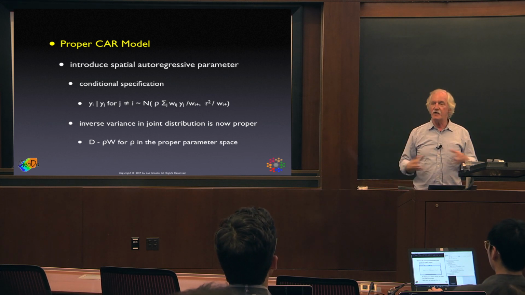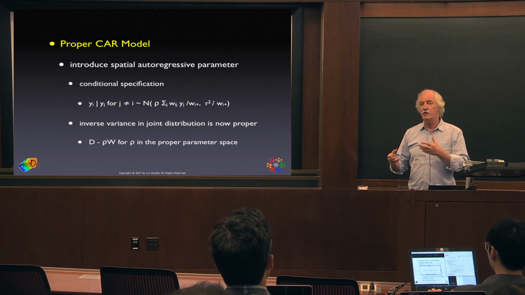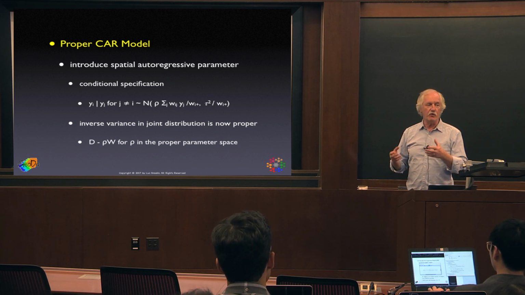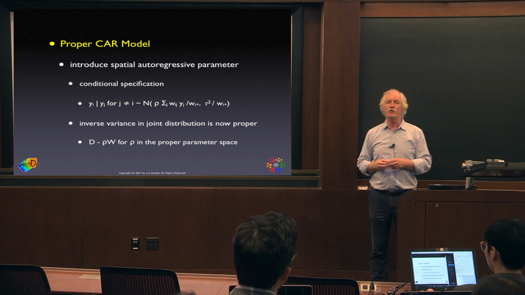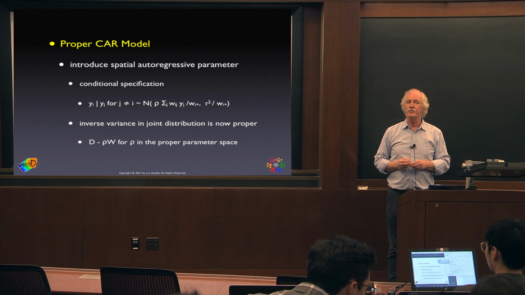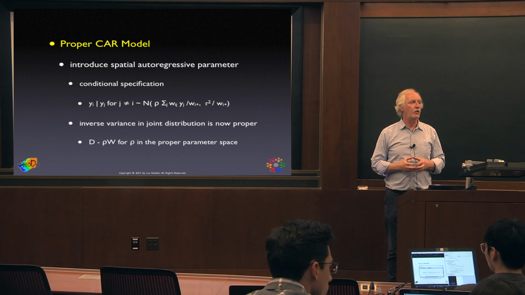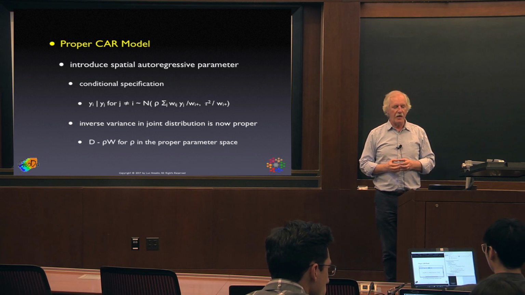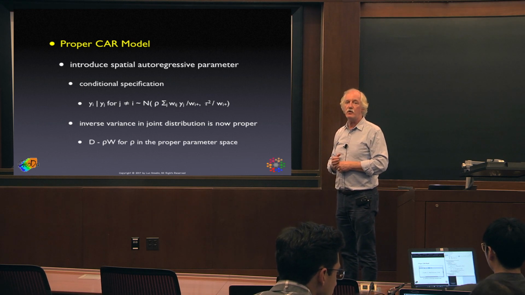So now the whole thing is invertible, because instead of D minus W, which is not invertible, we have D minus rho W, which is invertible. Right? So now we're in business. And this is the actual conditional autoregressive model that is used in a lot of Bayesian hierarchical modeling.